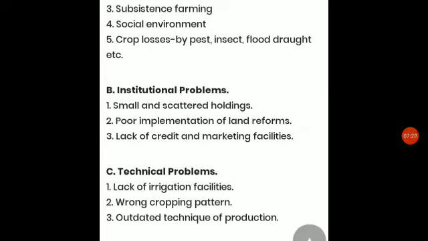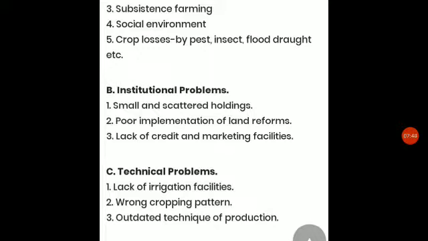Technical problems were also faced, like irrigation facilities were absent. It was basically the monsoon that was depended upon for rain and irrigation. Wrong cropping method.